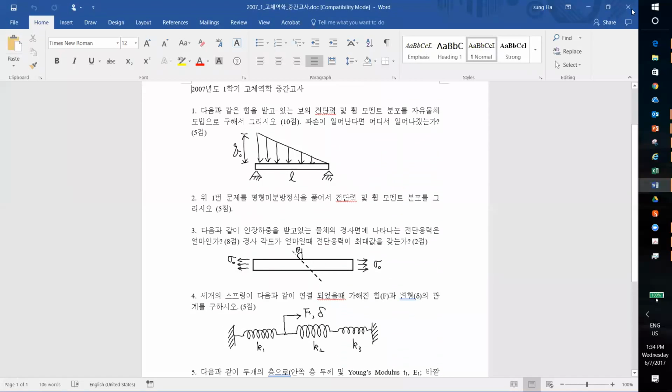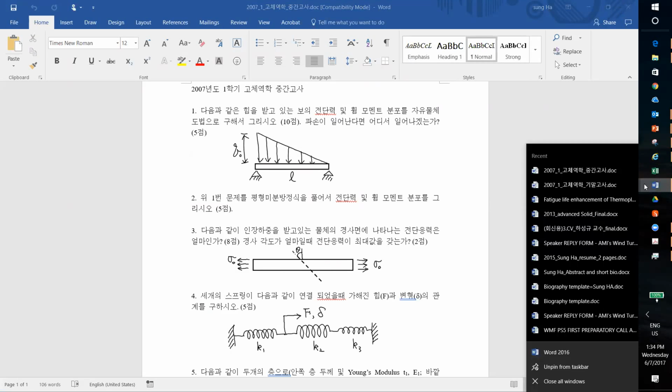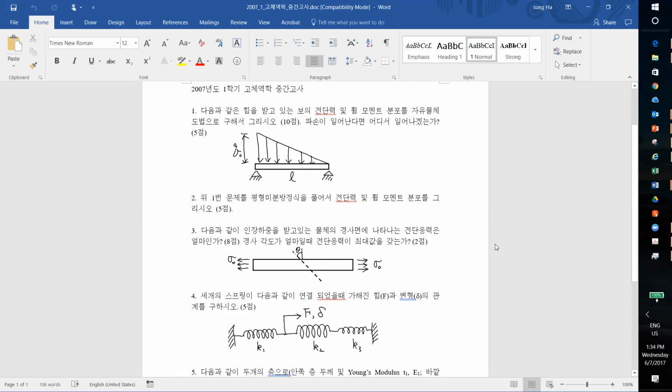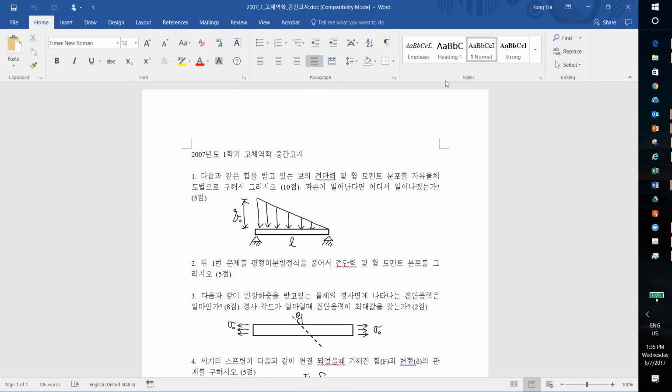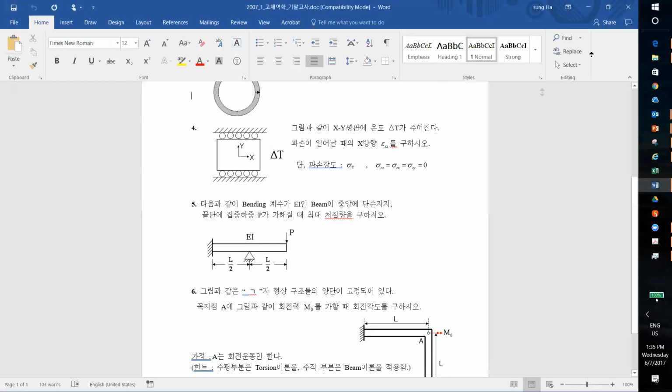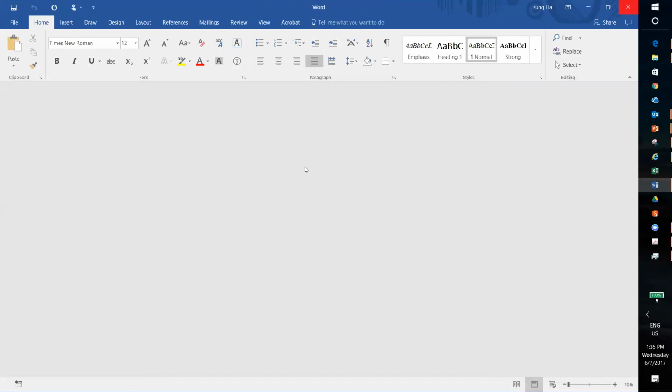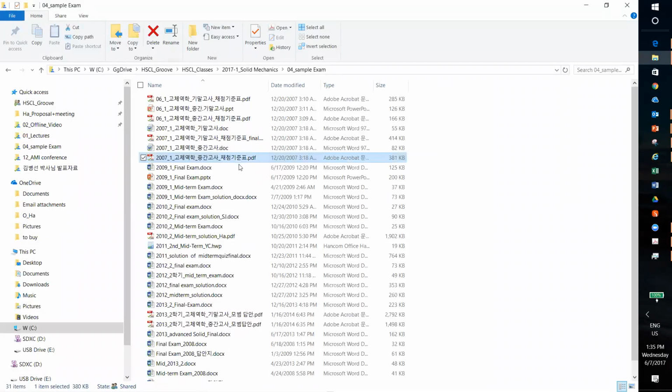Here, we don't have a problem related to torsion, but some problems in some midterms and finals not only have questions, but also have all the solutions. So it will be very useful for you to prepare or review all the theory we covered.